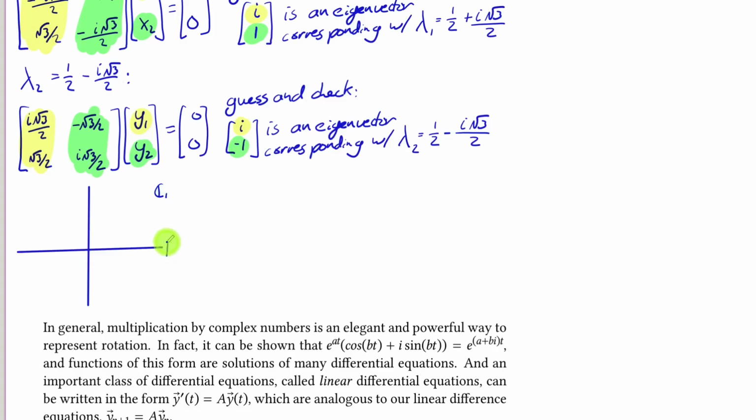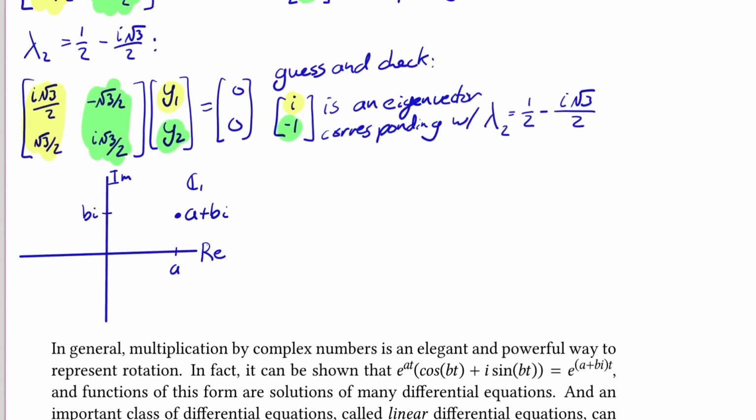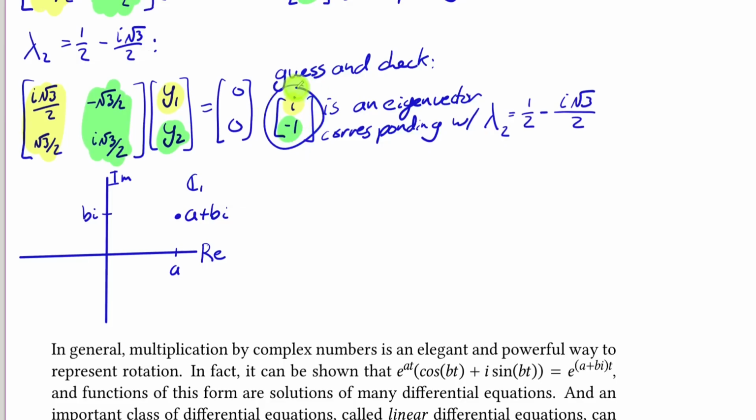You have the real part and the imaginary part of your complex number. So any individual complex number already has 2 dimensions. If you're going to try to graph these vectors in C2, you kind of need 4-dimensional paper for that, because you have 2 real dimensions and 2 complex dimensions.